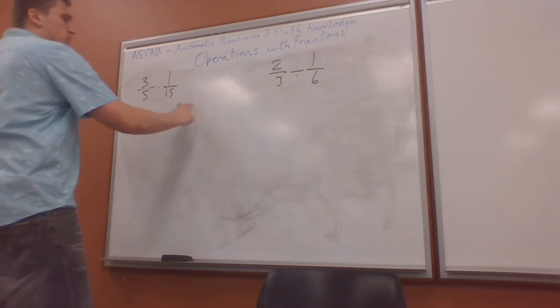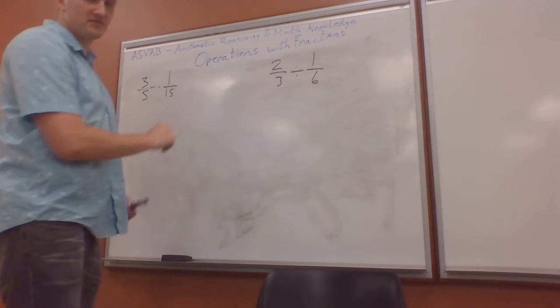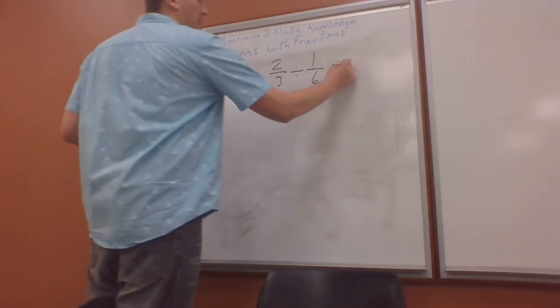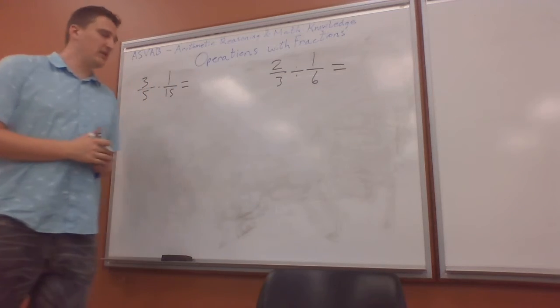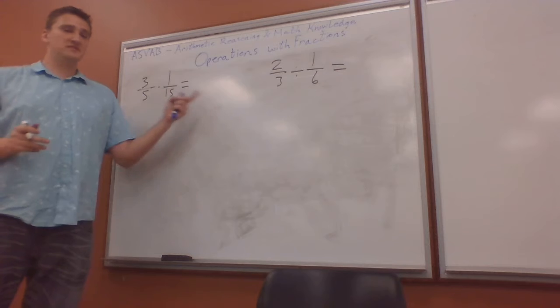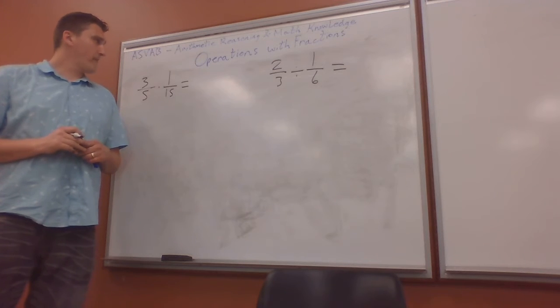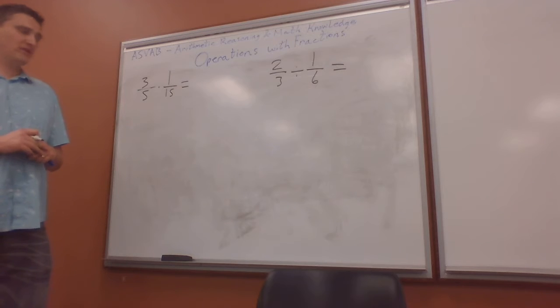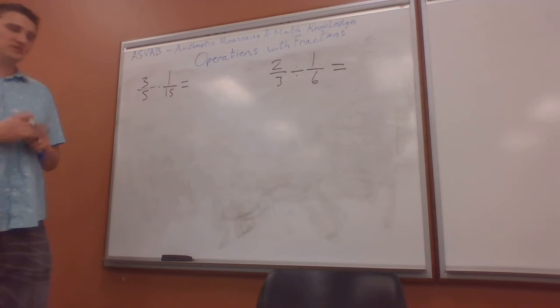Which one of these can I multiply straight across? Give me a minute. You can go ahead and pause this video and see if you can work both of these out. I won't have you simplify yet, but we'll do more of that in the next video. I just want to see if we can do the operations.